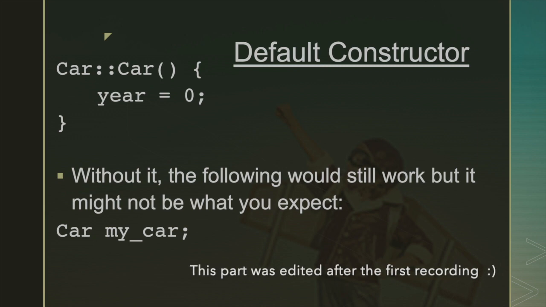The default constructor, like I showed you previously, just initializes the variable year to 0. You can actually skip it if you want to, but I highly do not recommend it. I thought about not even mentioning it, but declaring an object Car myCar will actually work even if you don't have the default constructor written, because the compiler will automatically create one for you.